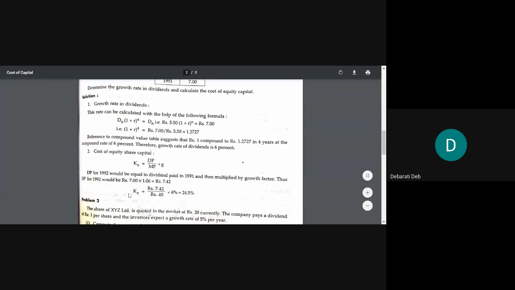If you do it both ways, you will get the same answer. In the book, they have done 7 into 1.06. If you do 7 plus 7 into 0.06, still you will get the same answer.